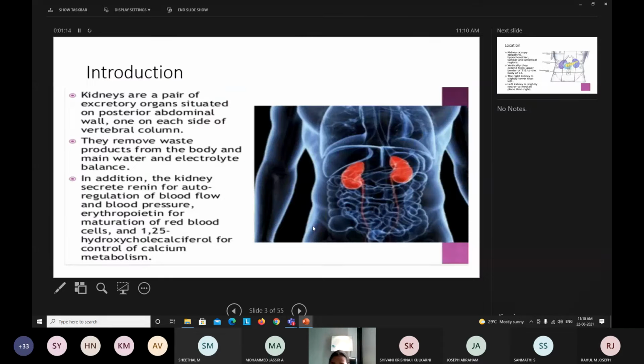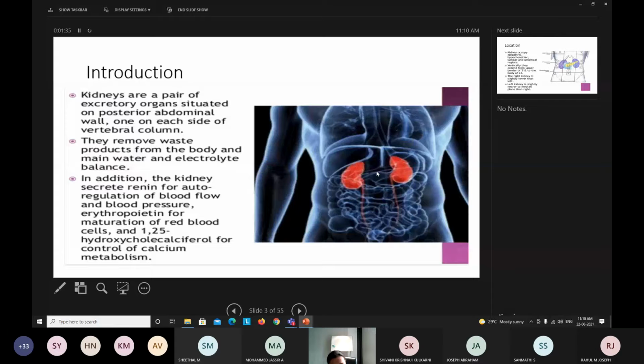Kidneys are a pair of excretory organs situated in the posterior abdominal wall, one on each side of the vertebral column. As these are excretory organs, they help in excretion of the waste products of metabolism and also maintain water and electrolyte balance.